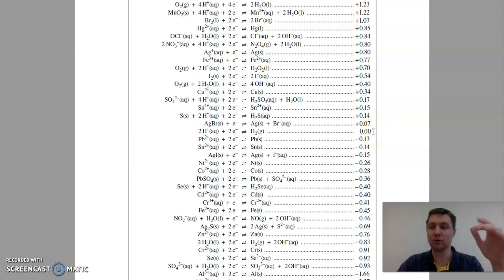And so if those are the two half reactions I'm using, doesn't matter what their numbers are going to be. I know that the net electrical potential for each redox reaction is always going to be the same because these numbers represent the different abilities that they have to gain or lose electrons.